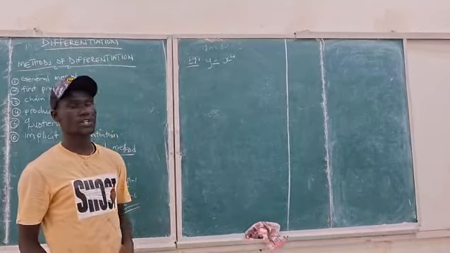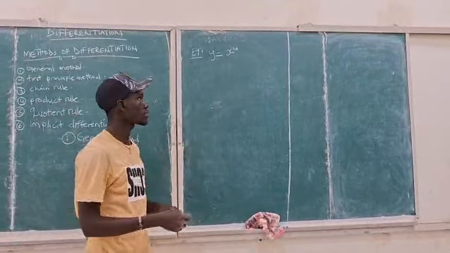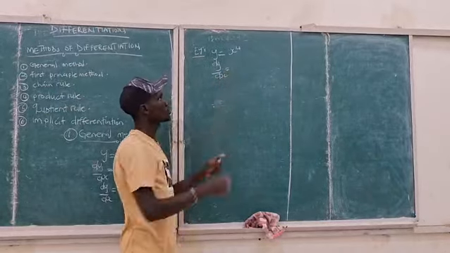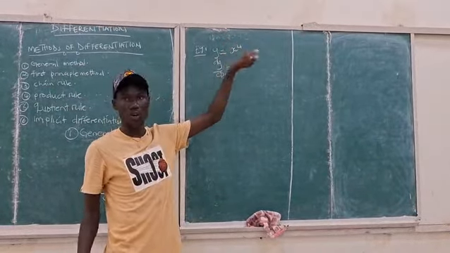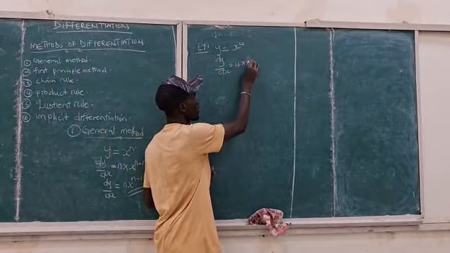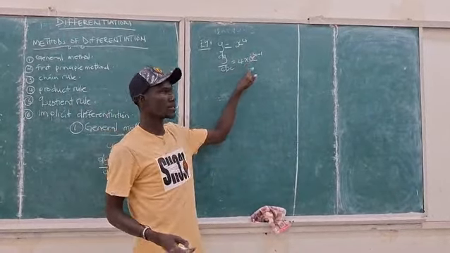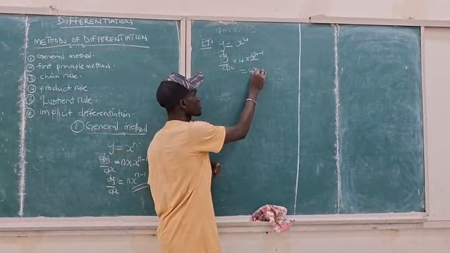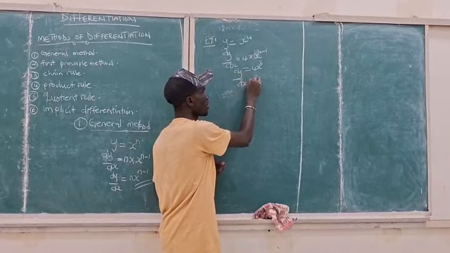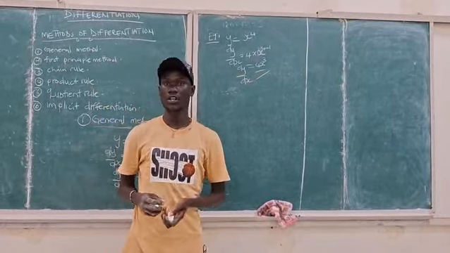Using the general method of differentiation, where we differentiate y with respect to x, dy/dx equals: we bring down the power and lower the power by 1, which is 4 times x, and then 4 minus 1. Therefore, we get 4x, and lowering the power gives 3. That is how we get dy/dx. And that is all about the general method of differentiation.